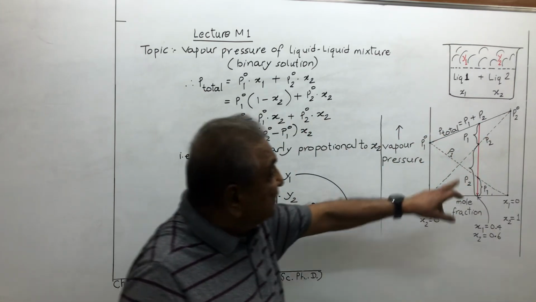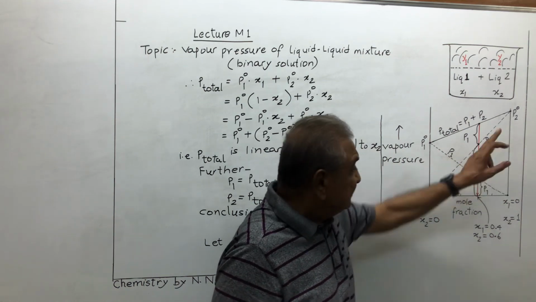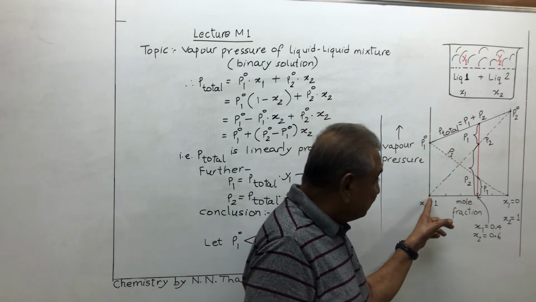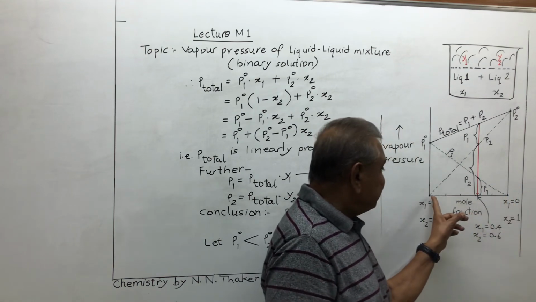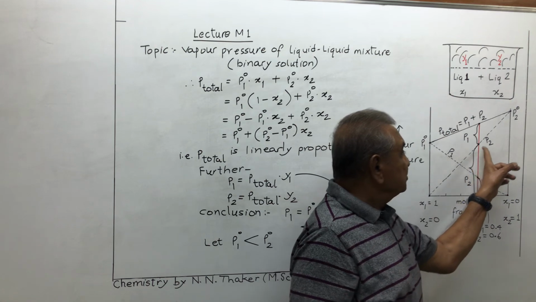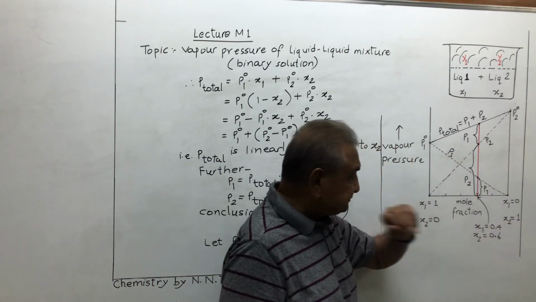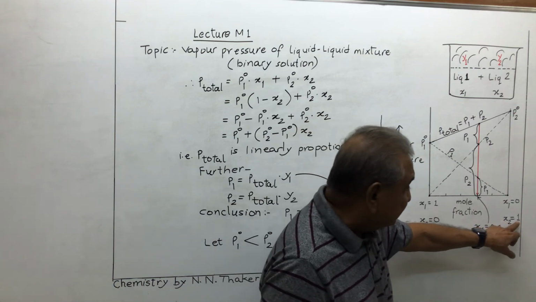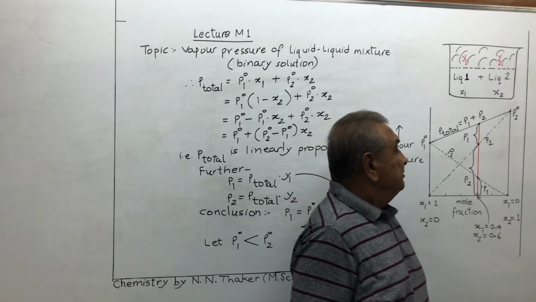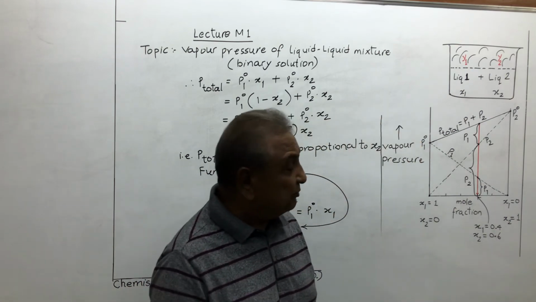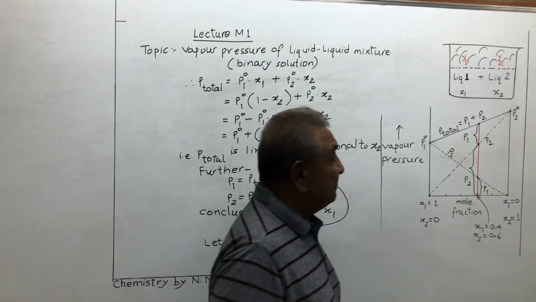They all indicate P2 values because mole fraction of second component goes on increasing. Then the vapor pressure P2 also goes on increasing. And when mole fraction of second component is 1, the vapor pressure of second component is also maximum, P20.